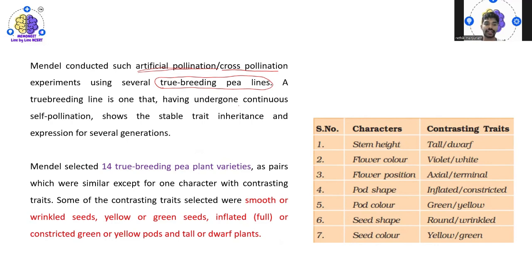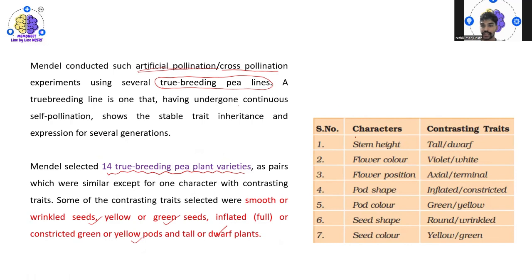Okay. So Mendel selected 14 true-breeding pea plant varieties, which were similar except for one character with contrasting traits. Some of the contrasting traits selected were smooth or wrinkled seed, yellow or green seed, full or constricted green or yellow pods, then tall or dwarf plant.